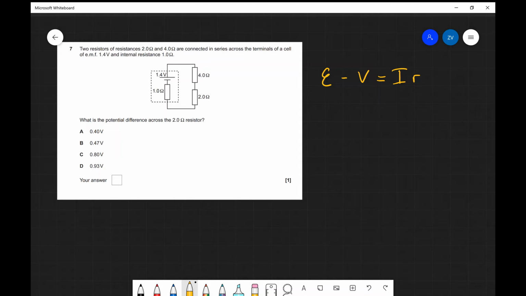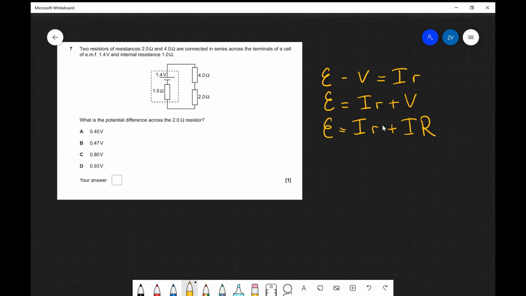We're not given the terminal PD V though, so I'm going to rearrange for the EMF, which equals Ir plus V, and we can write this as Ir plus the current multiplied by the total resistance in the circuit.